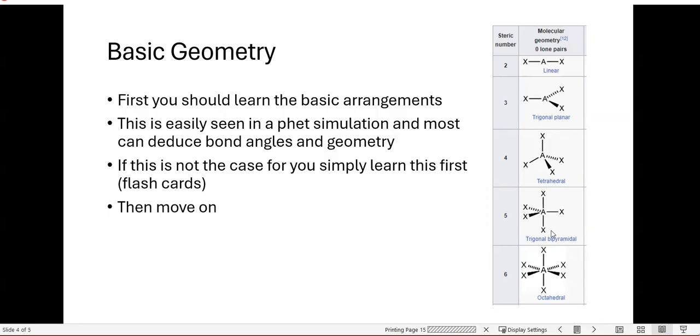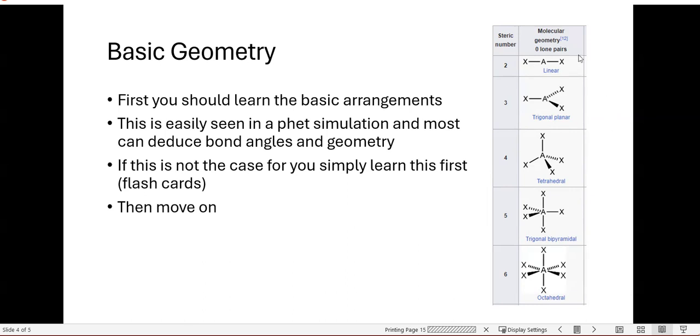And then when we have 6, we go to that normal kind of thing with four in plane, one on top, one on bottom, and everything's 90, so we get the octahedral arrangement. So that's what you first want to learn: the bond angles and the names.